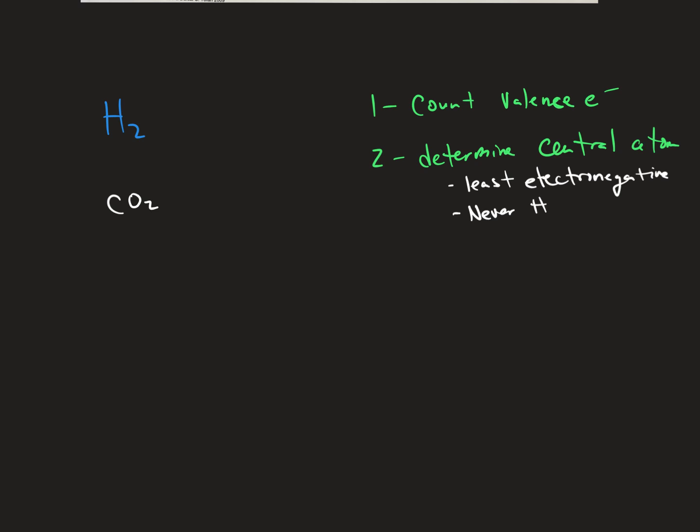Well, yeah, never hydrogen. Why is that? For example, NH3, if hydrogen was the central atom, how many valence electrons, or how many electrons are around hydrogen here? 2, 4, 6.